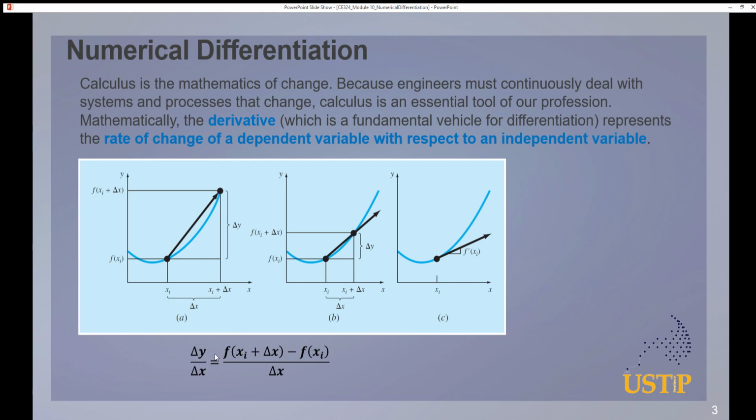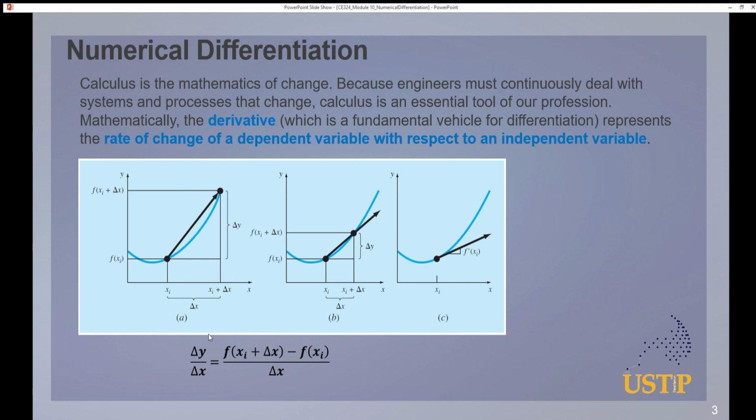Going back to what we said earlier: the slope of a tangent line to a curve at a point. Our point is xi. Our slope is delta y over delta x. The tangent line is also a second line, which connects the points xi and xi plus delta x.